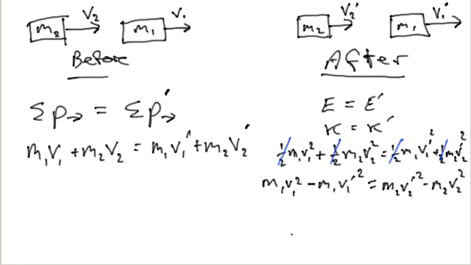Factor out the m's on both sides. So on this side I've got m1 times v1 squared minus v1 prime squared. And that's going to be equal to, factoring out the m2, that expression.